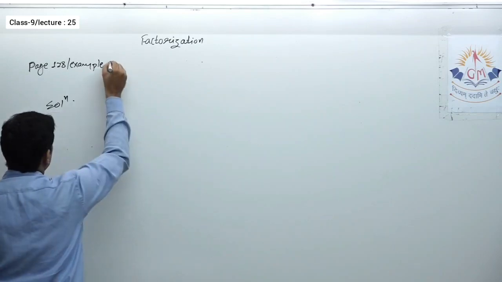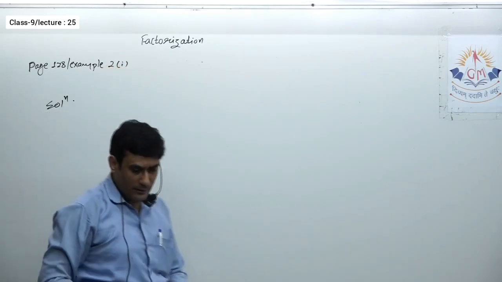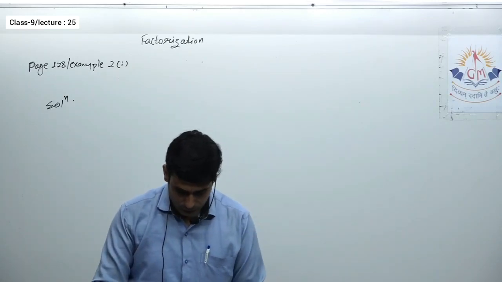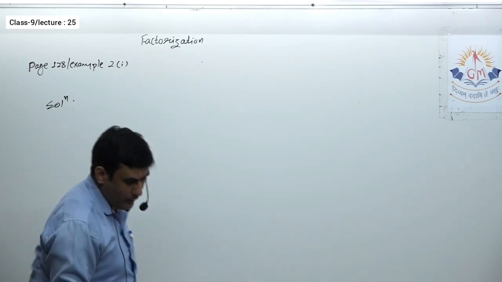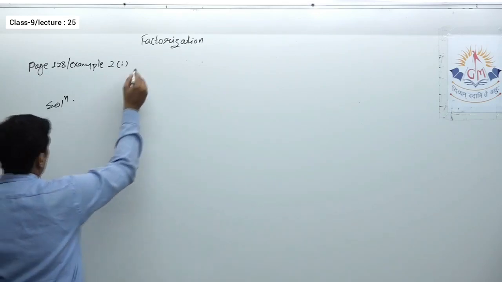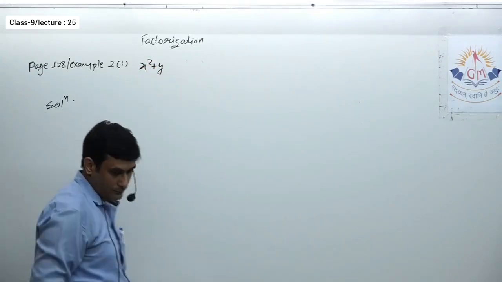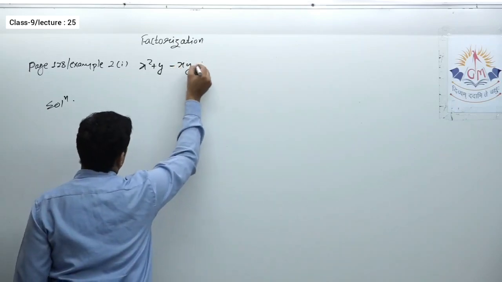Okay, example 2, its first one. It's very easy, but still I am taking it over here. It's x square plus y minus xy minus x.